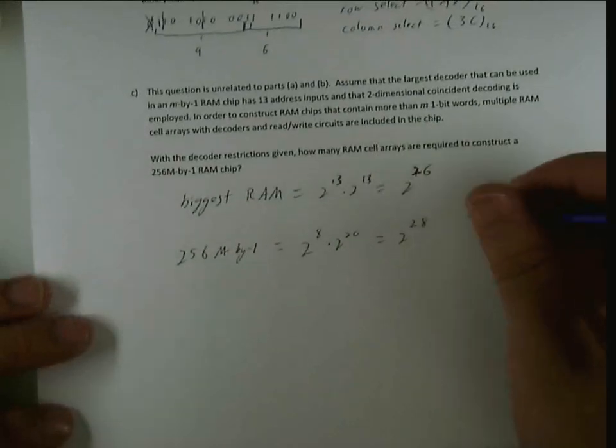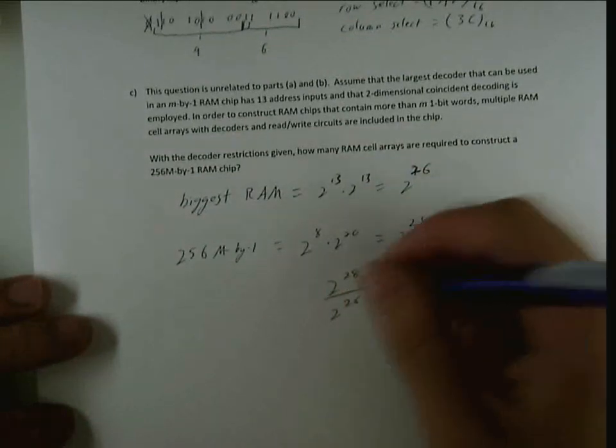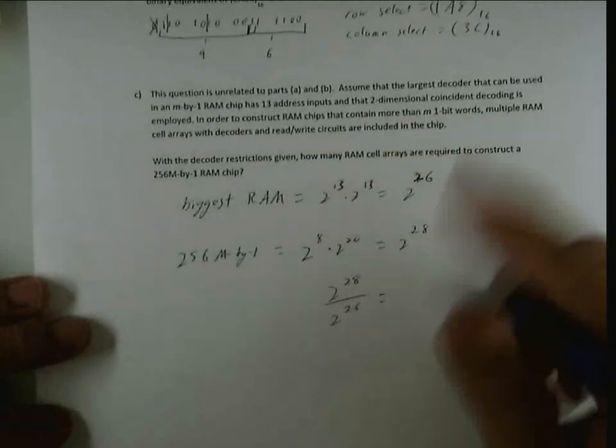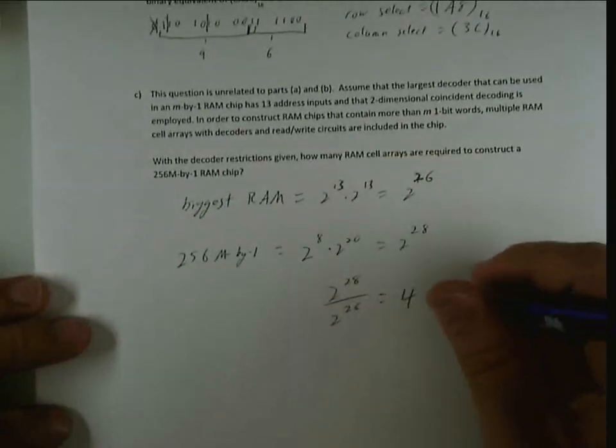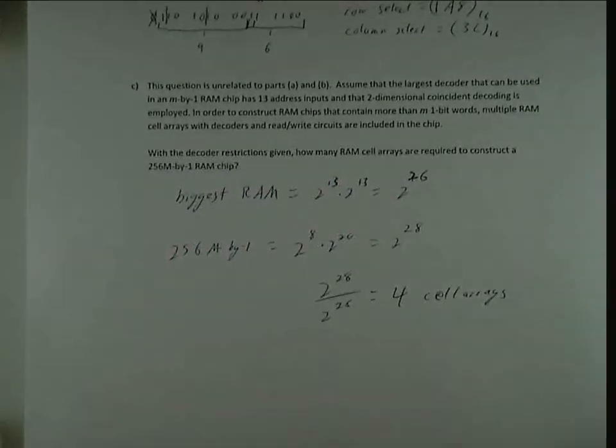And so 2 to the 28th divided by 2 to the 26th, because basically this is the biggest RAM I can create, and I'm going to make these out of this. I'm going to need 4 cell arrays. And that completes problem 5.